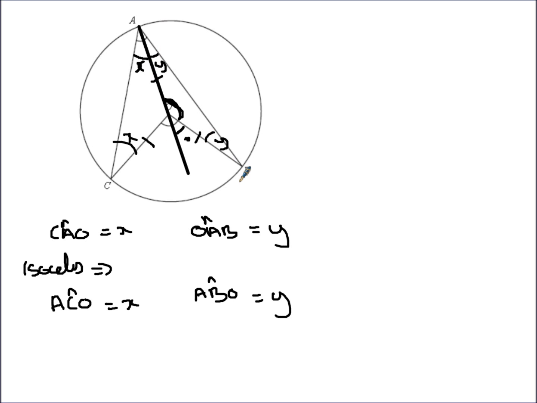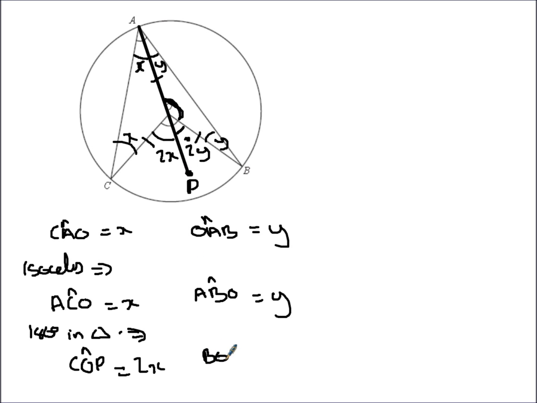So, if we call this point P, then 180 degrees in a triangle implies that COP equals 2x, so this value in here, and BOP is also equal to 2y.